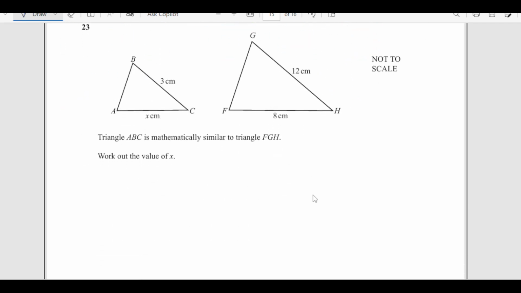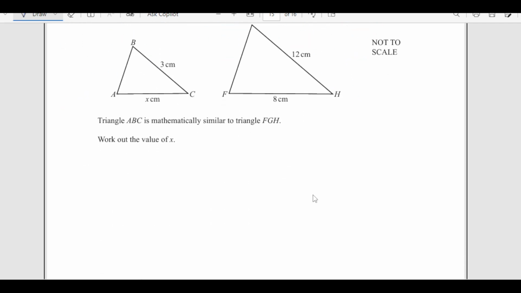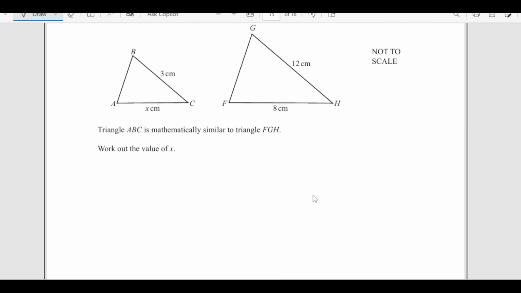Number 23, triangle ABC is mathematically similar to triangle FGH. These two triangles are similar, right? So when the triangles are similar, that means the ratio of their sides is the same. Work out the value of x. So x and the corresponding side here is 8, x over 8, and the corresponding side to 3 here is 12, so 3 over 12.